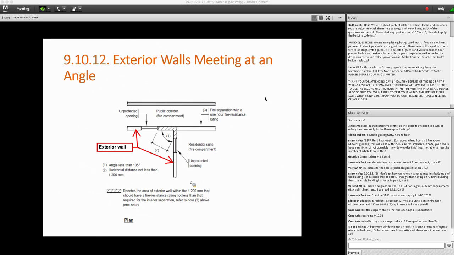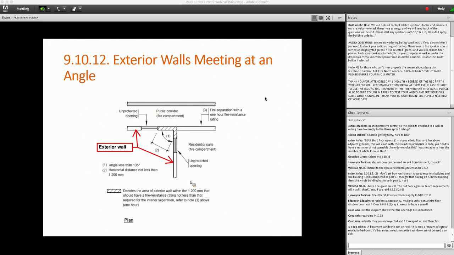So 9.10.12.3, that is the subsection in the code, exterior walls meeting at an angle. Okay. So except as provided in Article 9.9.4.5, which will take you back to the openings in the exterior walls of exits. In this case, these are not exits.